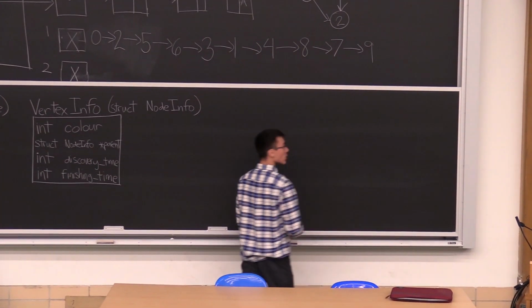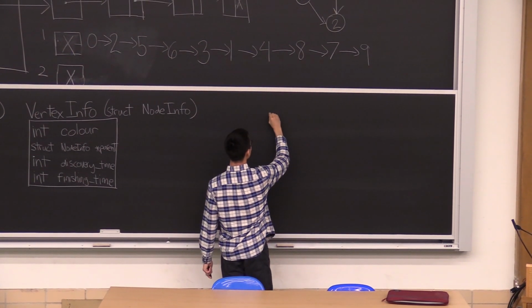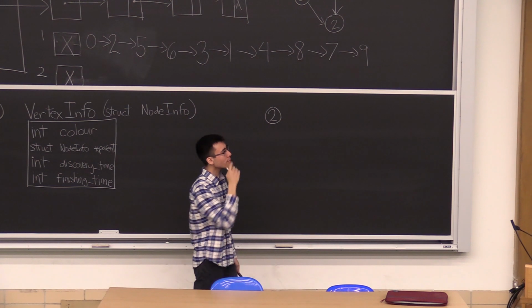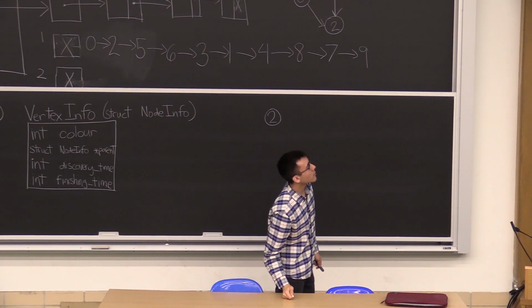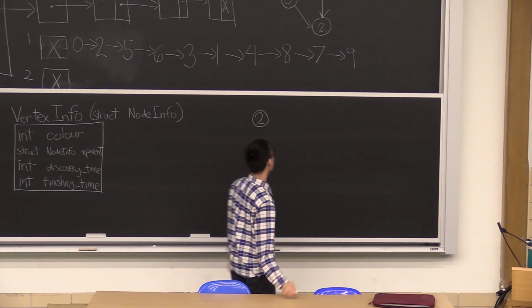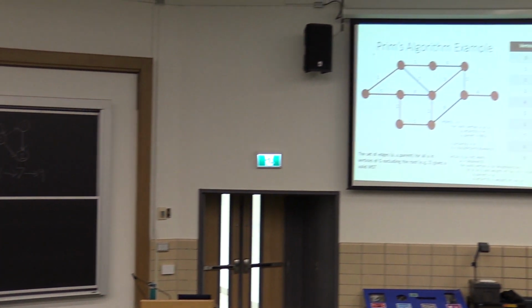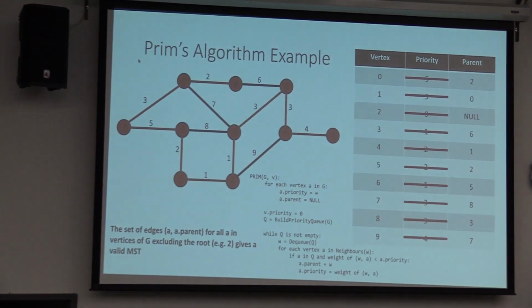Okay. So what does our minimum spanning tree actually look like? Well, we have 2 at the root. Next, we have, let's say, 5, which has a parent of 2. What else do we have?